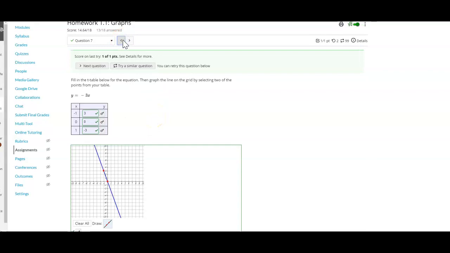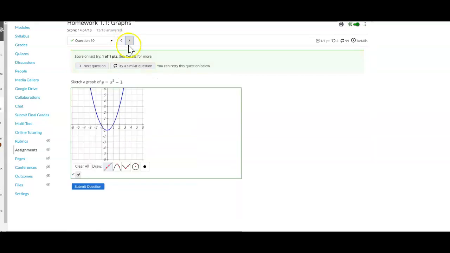Let's see. Somebody's saying maybe it was number 10. So yeah, can you please check number 10? Because I did it like 100 times and I didn't know what was happening. Yeah, so this one actually, and I think somebody was saying on the discussion, notice that there are no points here on this graph.